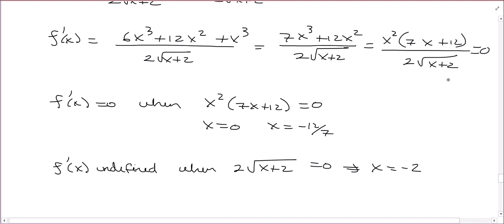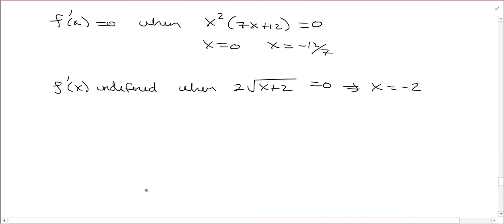And so now let's see about the increasing and decreasing. So let's put our critical numbers on a number line and then find test points. So our critical numbers are negative 2, negative 12 sevenths. So where's negative 12 sevenths in relation to negative 2? Well, it doesn't have to be before it.